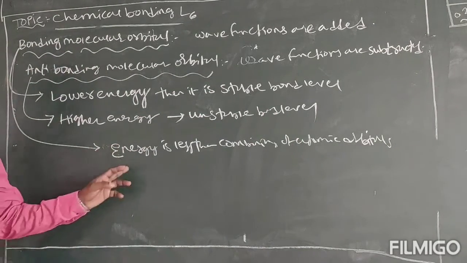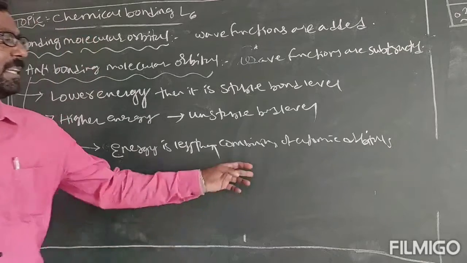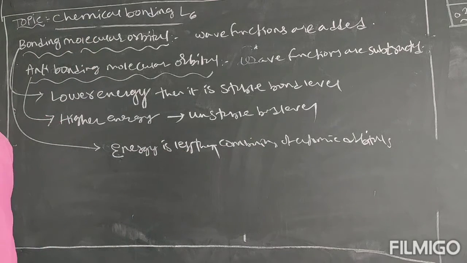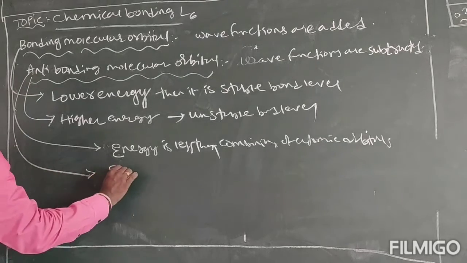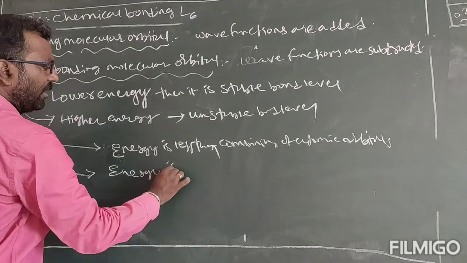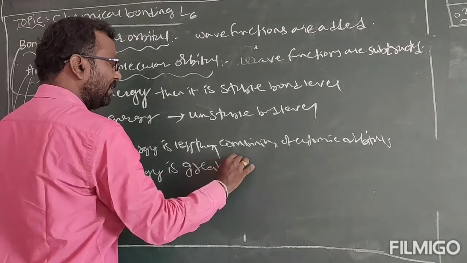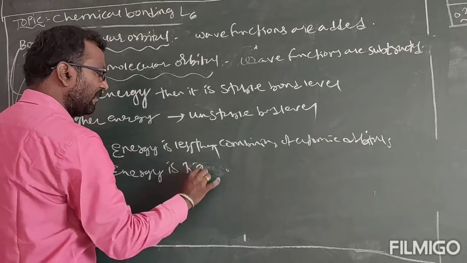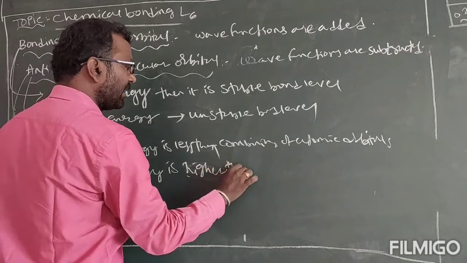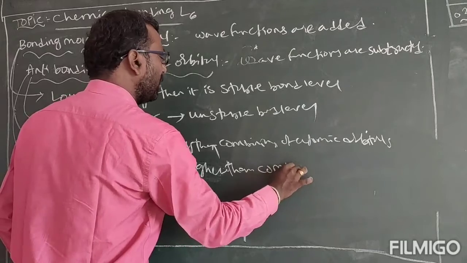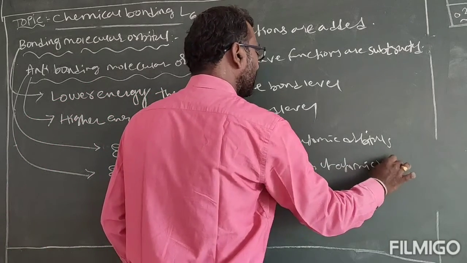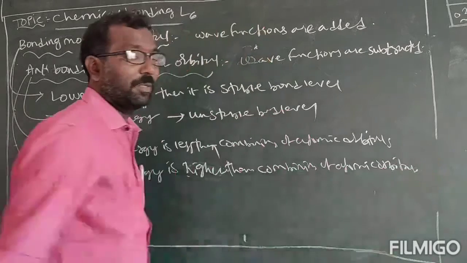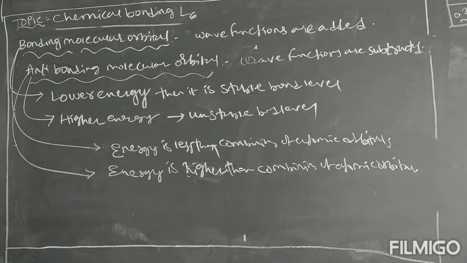The energy is greater, or higher, than that of the combining atomic orbitals. So this is the major difference between bonding molecular orbitals and anti-bonding molecular orbitals.